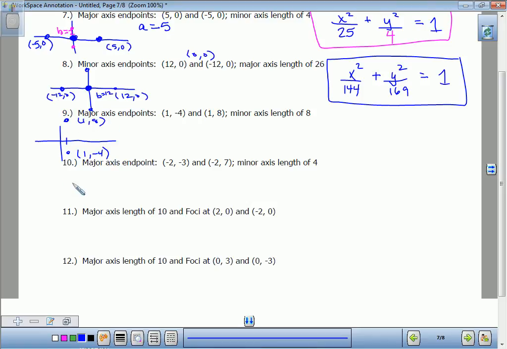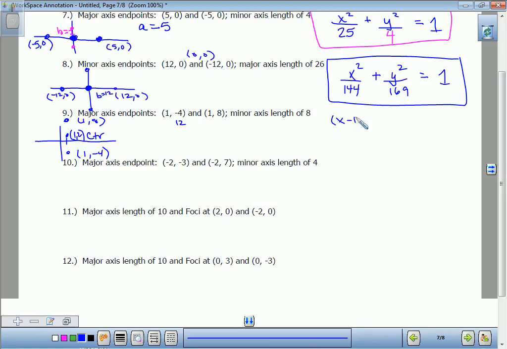How long is that? 12 units. The length of the major axis is 12. What's half of that? 6. So if I came down 6 from this one or up 6 from that one, that takes me to the center. What are the coordinates of the center? 1, 2.